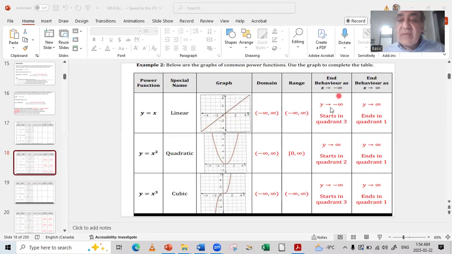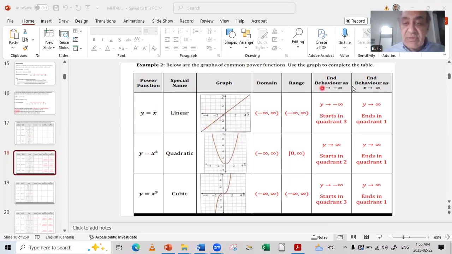Okay, the end behavior. What does the end behavior mean? If we start from x at minus infinity, then we start from this area, then it goes this way here. This is quarter 1, this is quarter 2, this is quarter 3, this is quarter 4.